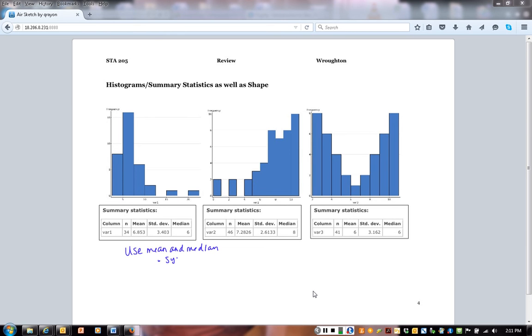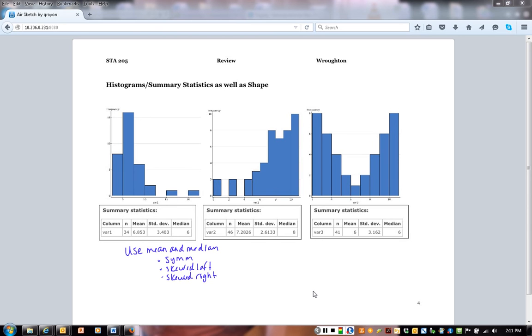So we can decide if it seems pretty symmetric, if it's skewed left, or if it's skewed right. From the numbers alone, we can't tell anything about if it's unimodal or bimodal or anything like that. That part has to come from the graph itself. We can't get that from the numbers.